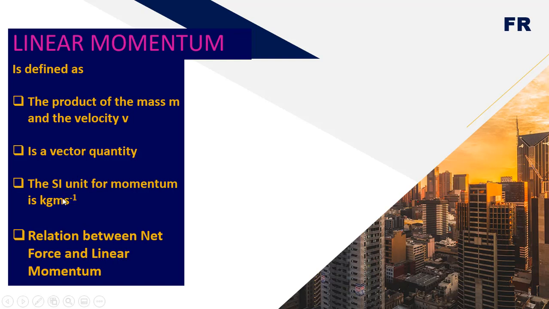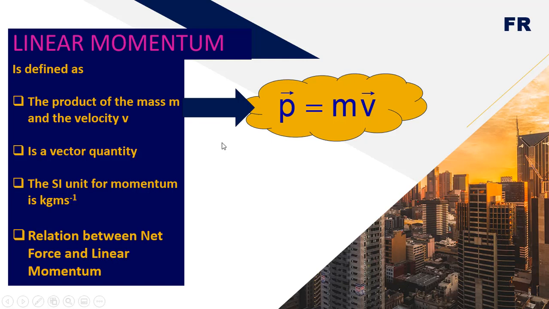meter per second. And linear momentum has a relation to the net force that we have discussed in Newton's second law of motion. Okay, so this is the equation for linear momentum, P equal to m times v. Note that on the left and on the right side of the equation, the sign is the same.